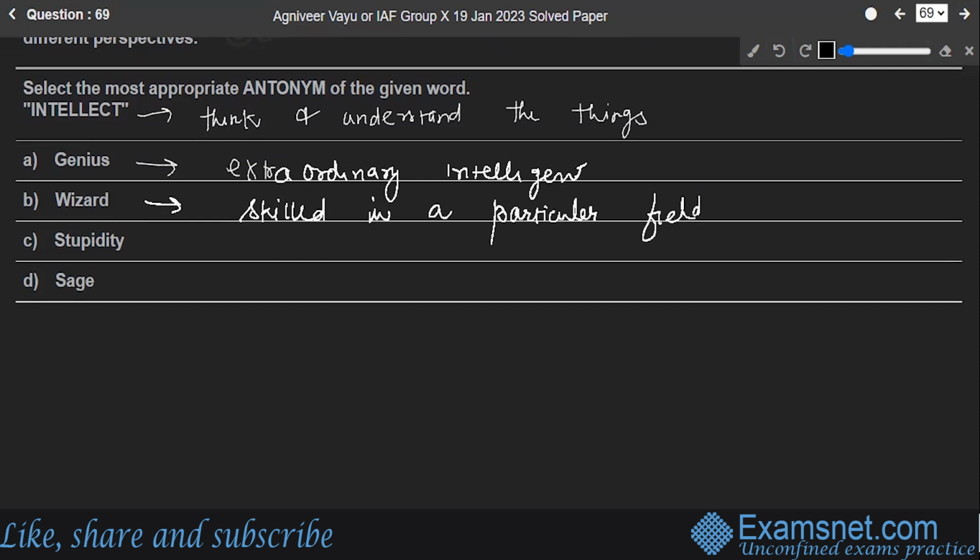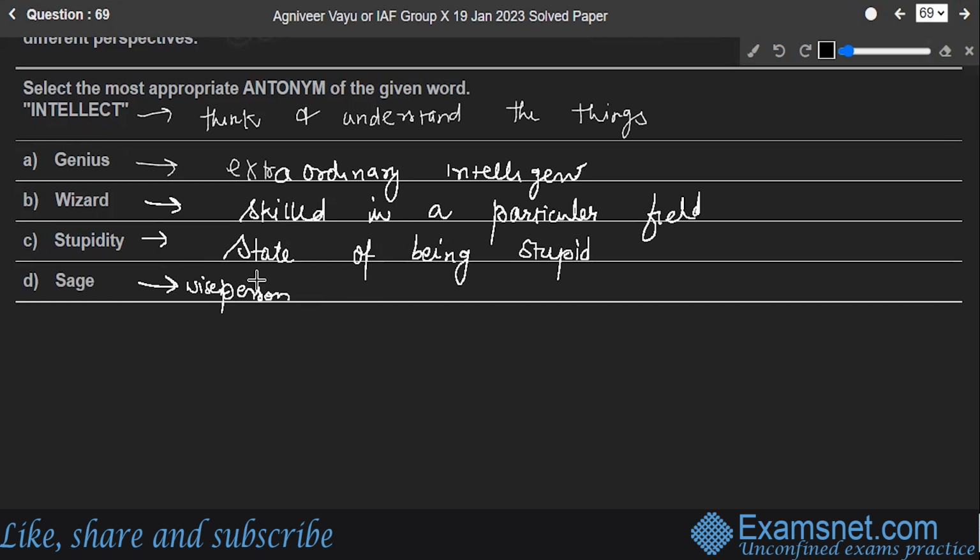Then is the word stupidity. I hope you know the word's meaning, I don't need to explain: the state or quality of being stupid. Sage refers to a wise person.